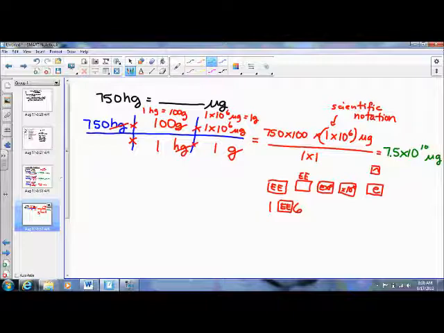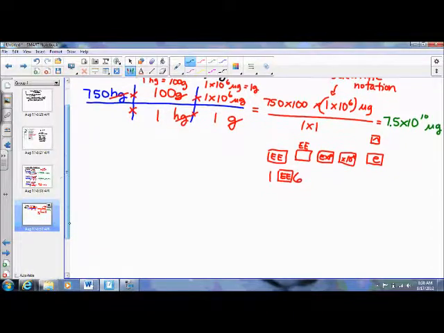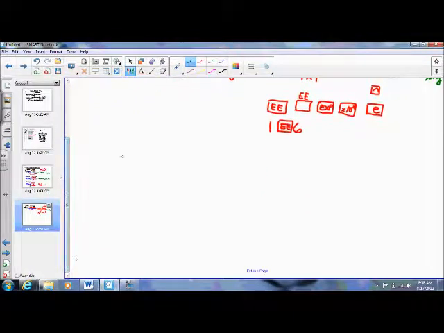Okay, I'm going to run through one more problem very quickly, like this one where you have 2 different prefixes. Again, the base unit here is the liter.